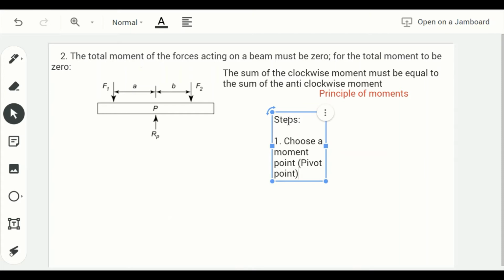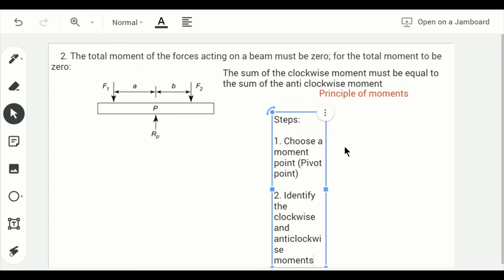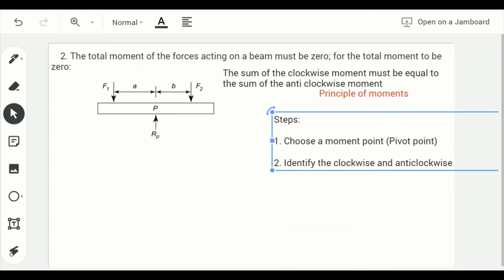So step 1, we choose a pivot point. Step 2, we identify the clockwise and anti-clockwise moments. All right, very important.